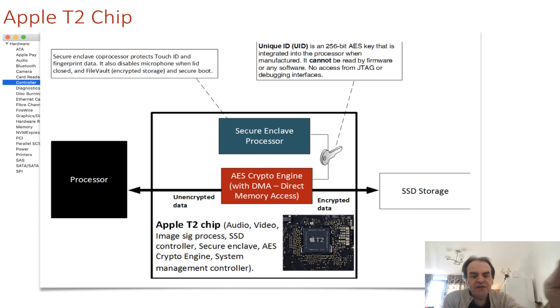The other thing it does is that when the lid of the computer is closed, then it disables the microphone. Along with that, it looks at secure encrypted file storage with File Vault, and secures the boot process.